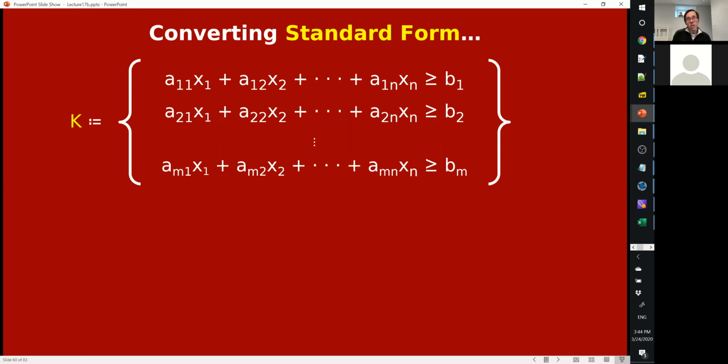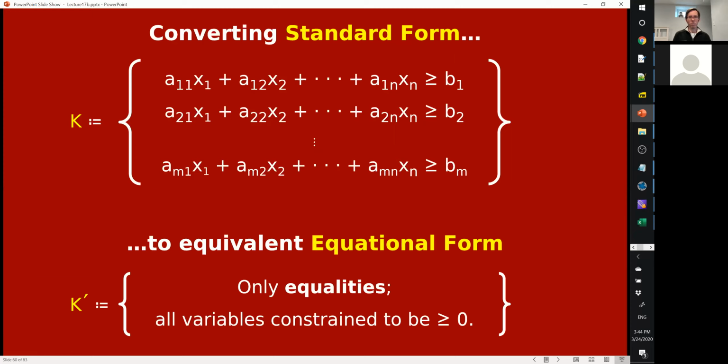In order to do this, I have to talk about converting a linear program of the type we've been interested in before, with all inequations like this, which is called a standard form linear program, to an equivalent program in what's called equational form. An LP is said to be in equational form if there are basically no inequalities, you only have equalities. Well, that can't quite be right, because then it would just be a linear system of equations.